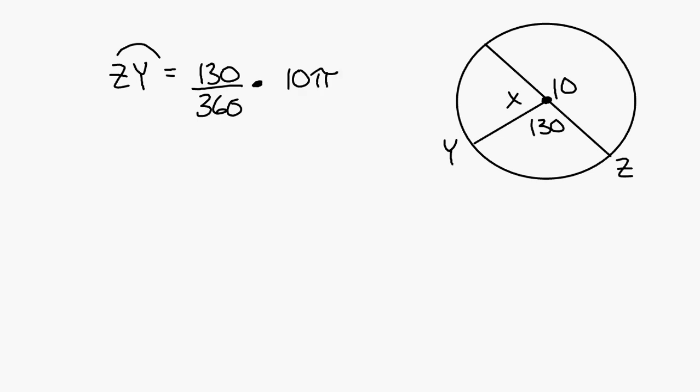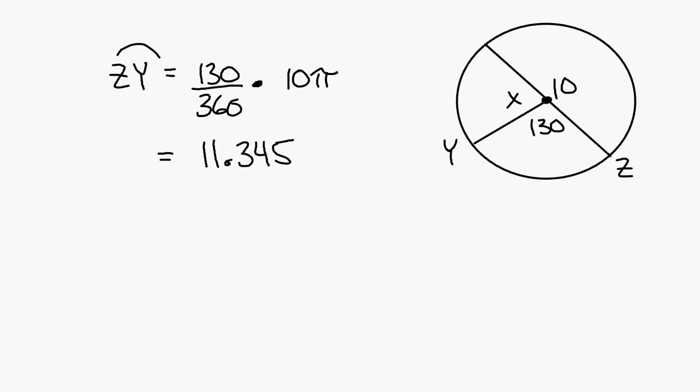So this arc length, Y to Z, is 130 divided by 360 times 10 times pi. Y'all get 11.345? Okay? You guys get the idea?